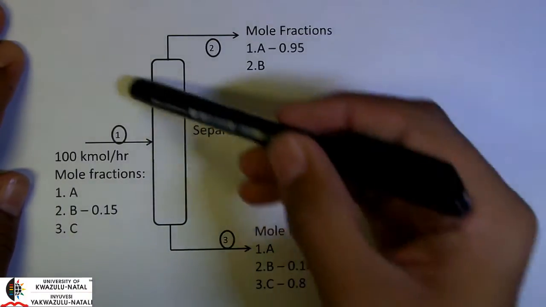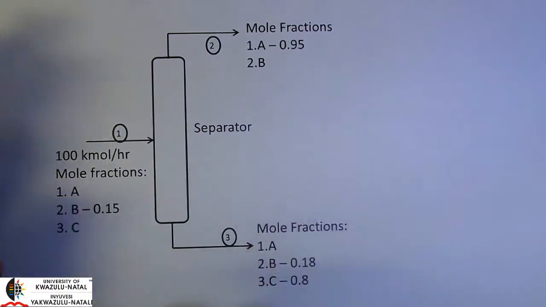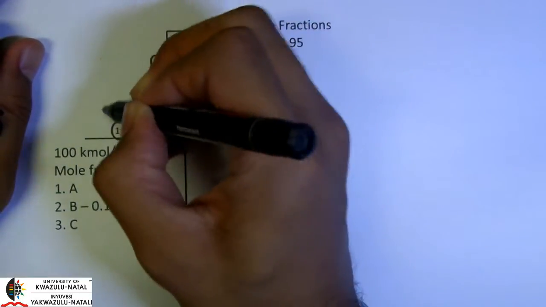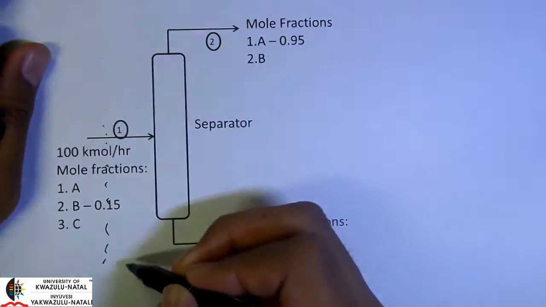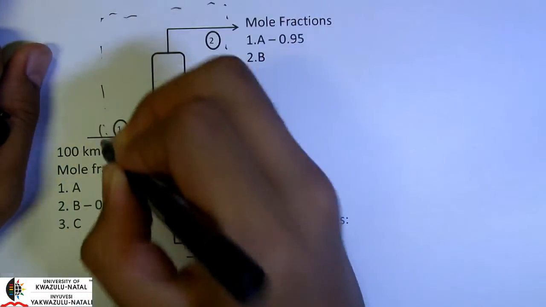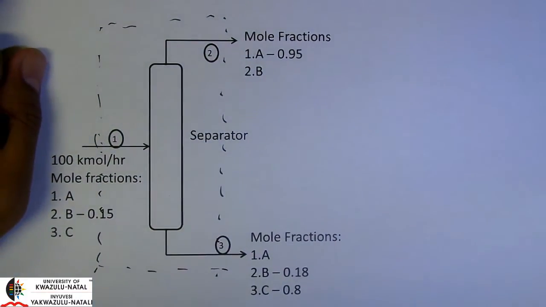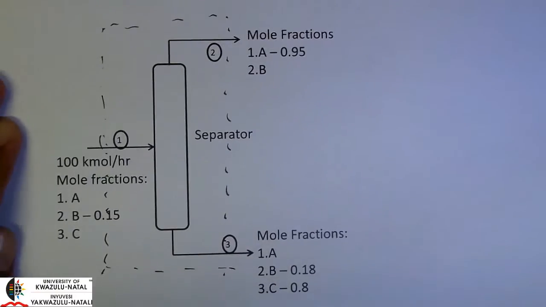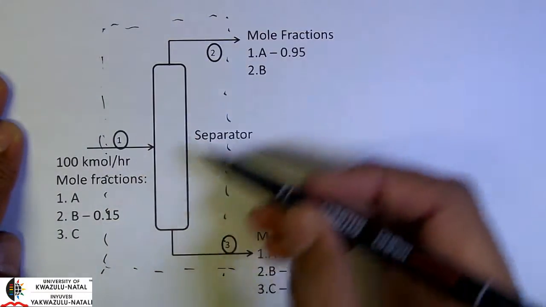If I were to draw an overall balance, a box over this process, it won't make any difference at all, as you can see. And there are no inner streams to worry about.